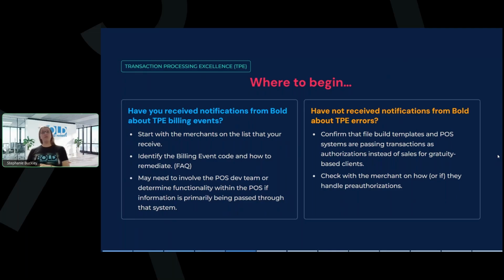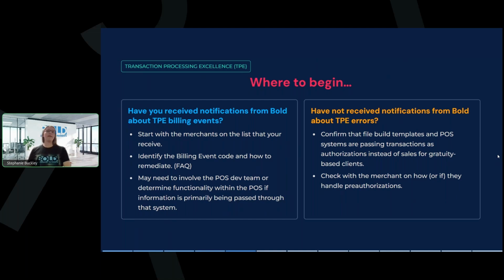But if you've received notifications from us, then start with the merchants on the list. Figure out what the billing event is, which will be provided to you in the list that we send. If it's not, ask for it so that we can help get that information. Utilize the FAQ, which I'm going to be sending out, to understand what is occurring with this billing event and how to address it.